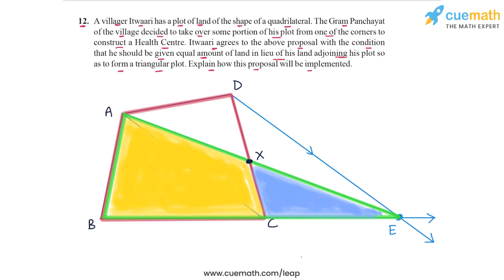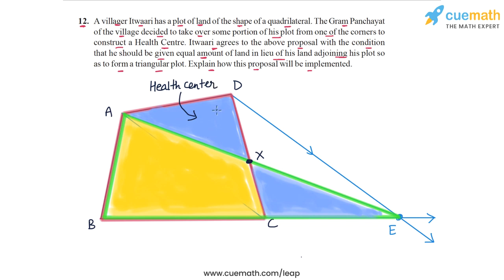So based on this observation, we can now come to our final solution. What we need to do is take this triangular part AXD of the original plot, and this part can be given to the health center.